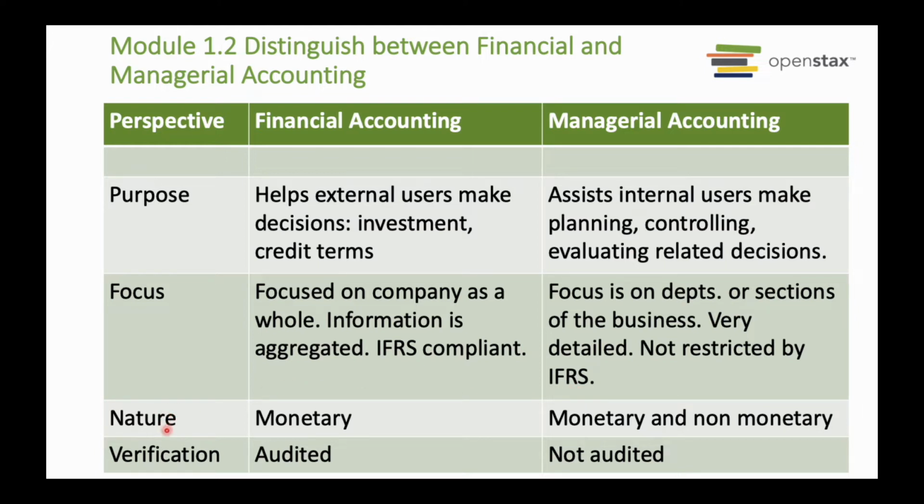The nature of the reports. Financial accounting reports normally report in monetary terms, whereas managerial accounting reports are in monetary terms and in non-monetary terms. For example, a management accounting report may report on physical units produced during the period.